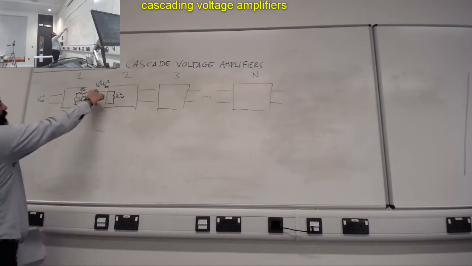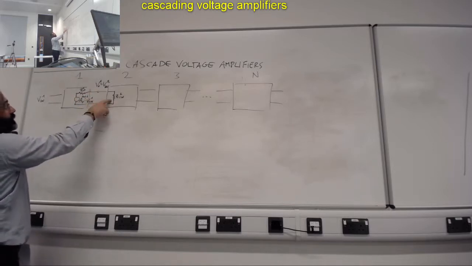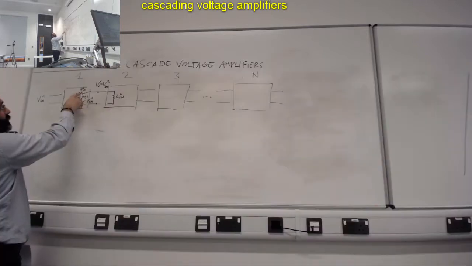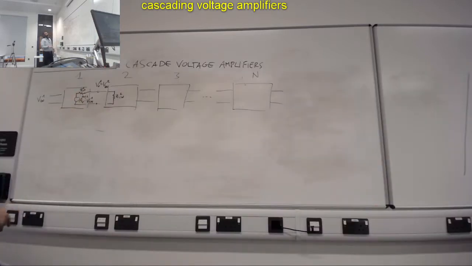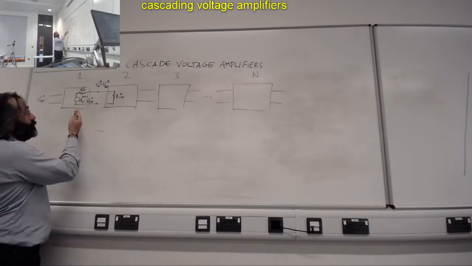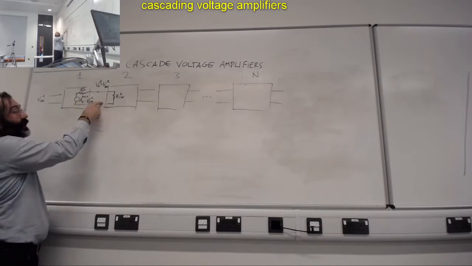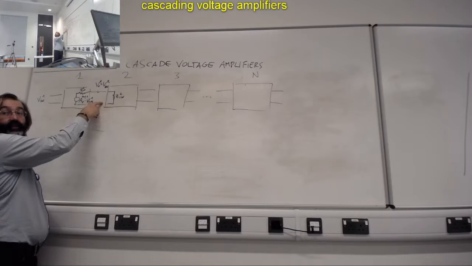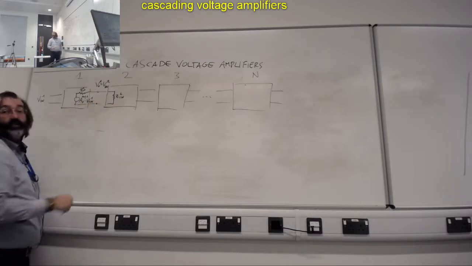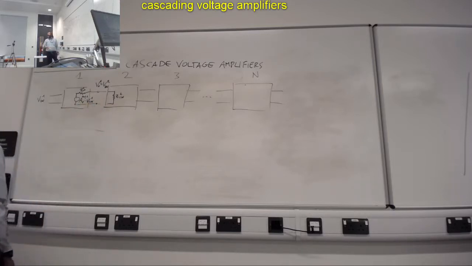So the voltage at this point is the voltage divider between this Z in and Z output with that voltage. And so here is the eureka moment. I realize that not all the voltage amplified by this stage will end up at the input of the other, because there is this voltage divider in between. So it's only a portion of that.